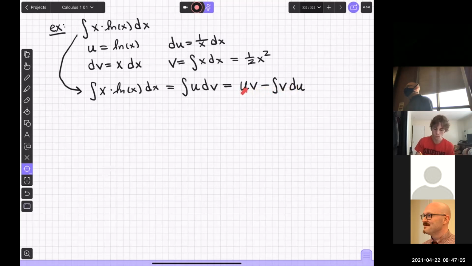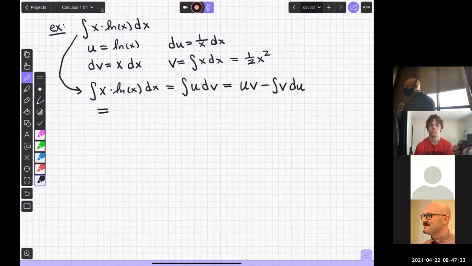Some people would refer to this as UV as ultraviolet, and then v du as voodoo. So sometimes to remember it, you would say ultraviolet voodoo, which is kind of a fun thing to say. Which sounds like something that would give people superpowers in some sort of comic book.